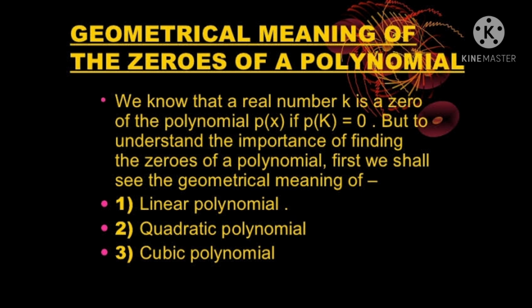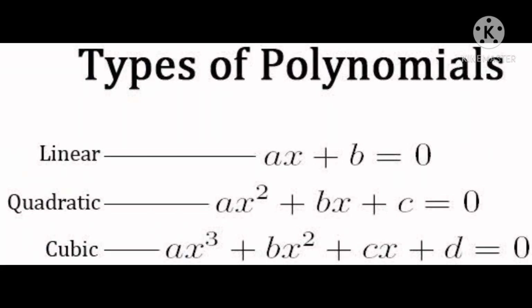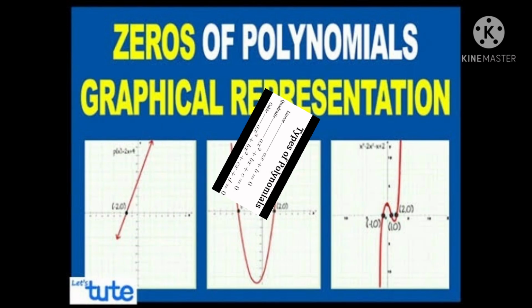First, we see the geometric meaning of linear polynomial, quadratic polynomial and cubic polynomial. These are the standard forms of linear, quadratic and cubic polynomials. Linear, in which the degree is 1. Quadratic, in which the degree is 2.